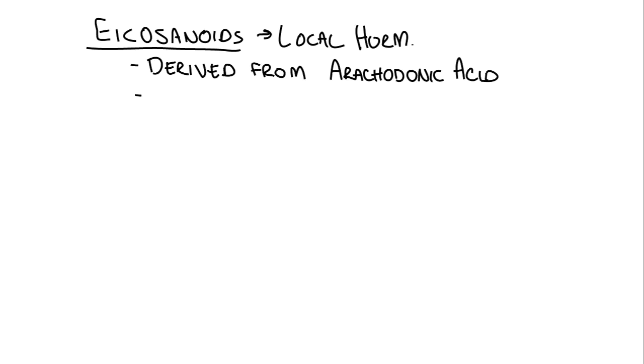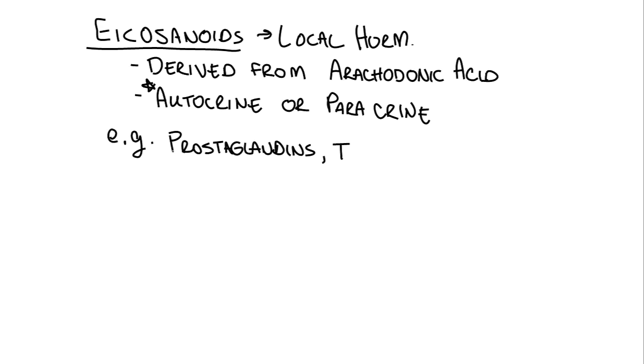They're either autocrine, meaning they act on self, or paracrine, meaning they act on a neighboring cell. The majority of these eicosanoids are autocrine. Some examples of eicosanoids are prostaglandins, thromboxanes, and leukotrienes.